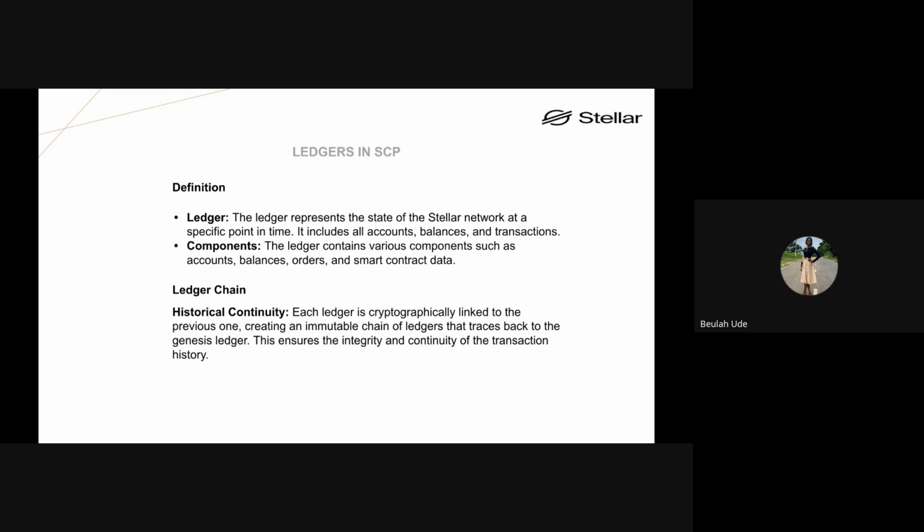So last time we talked about ledger. You showed us the previous hash, and how the previous hash gets to appear on each ledger.